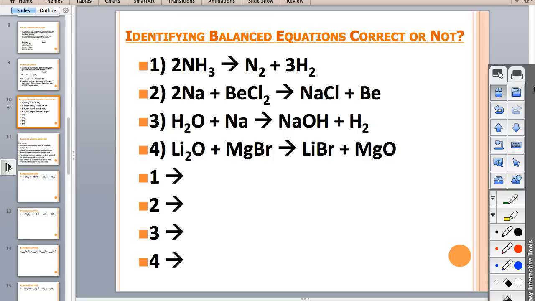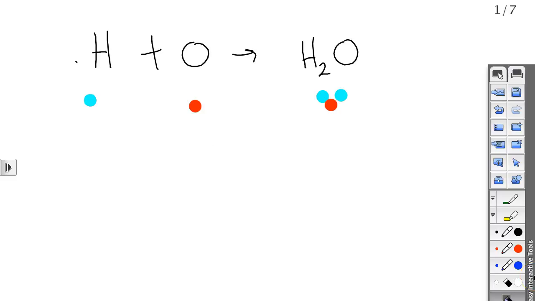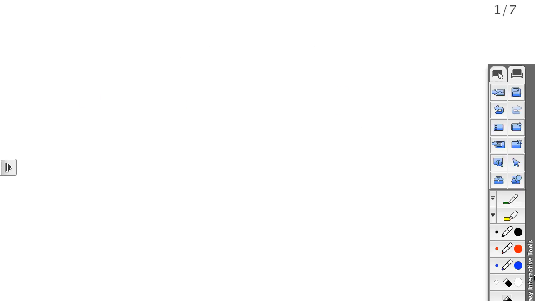After you draw them, you can continue adding more shapes to balance. So I'll do the first one up here. This is on your PowerPoint if you need to reference that.